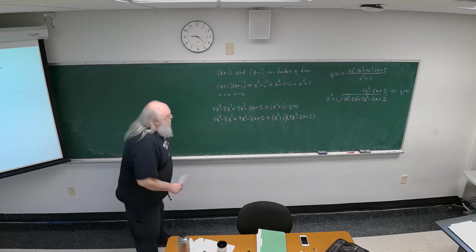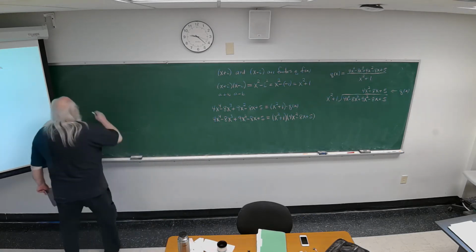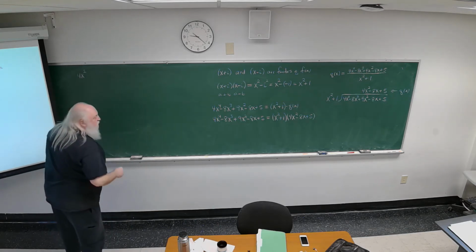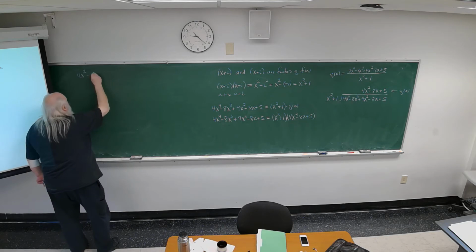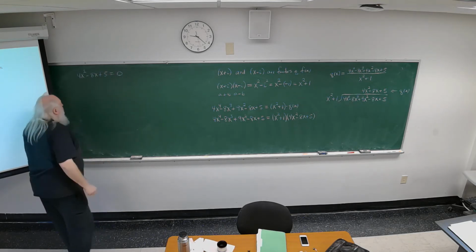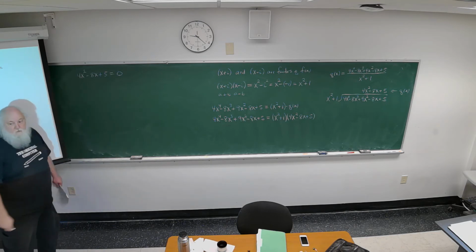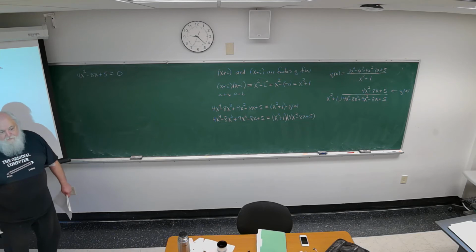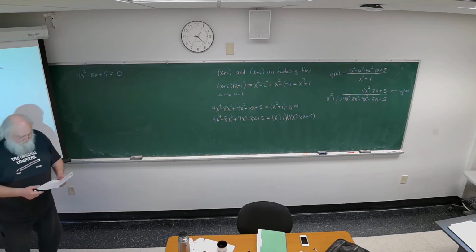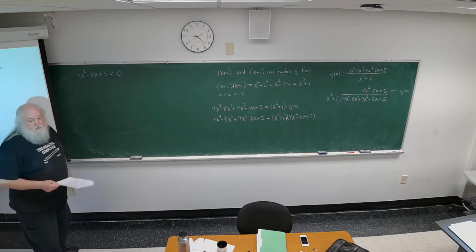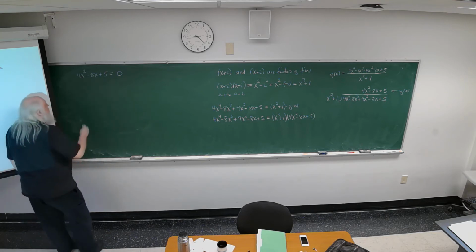So we set that quadratic equal to 0. Then the question remains, can you factor this with real numbers, or do you have to use the quadratic formula? It turns out you have to use the quadratic formula.